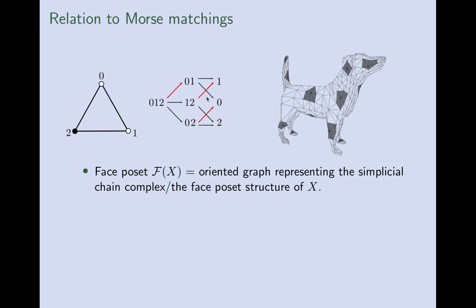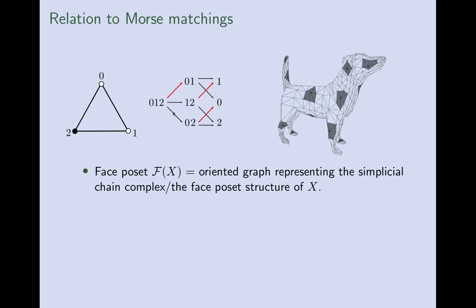Ignoring the coloring of the red arrows for a moment, this is the face poset corresponding to the two-simplex. Now we can look at matchings on this face poset. A matching for a graph is just a collection of edges that do not share any vertex. So these red arrows form a matching on this face poset, and we say that this is a matching supported on the simplicial complex X.